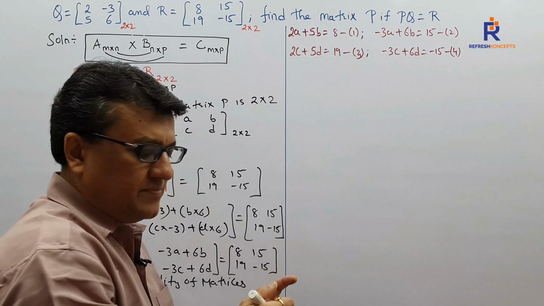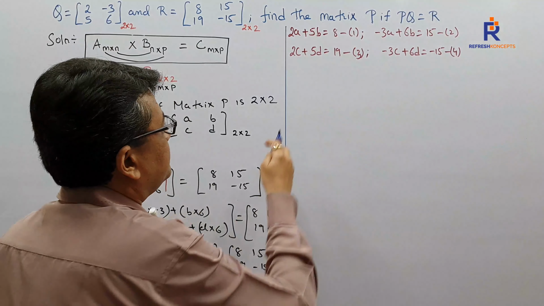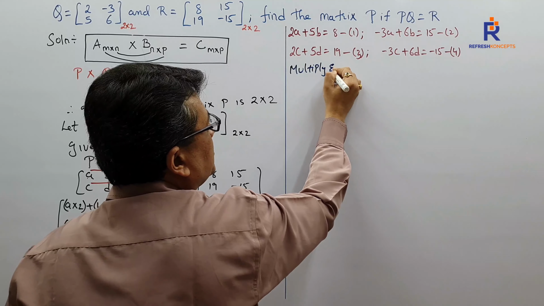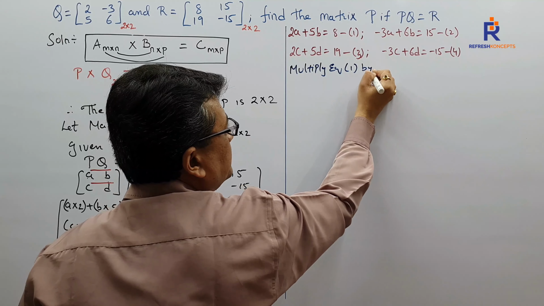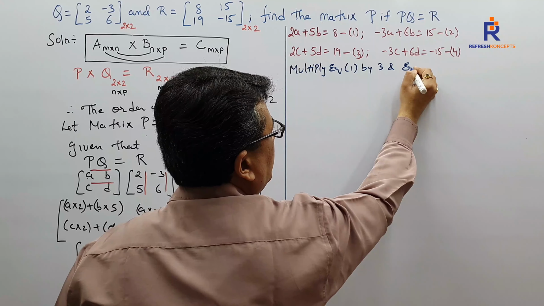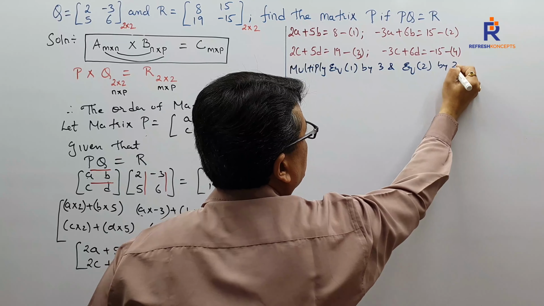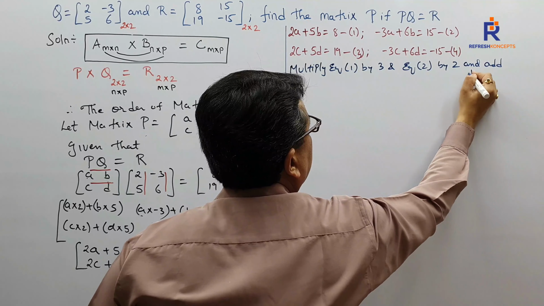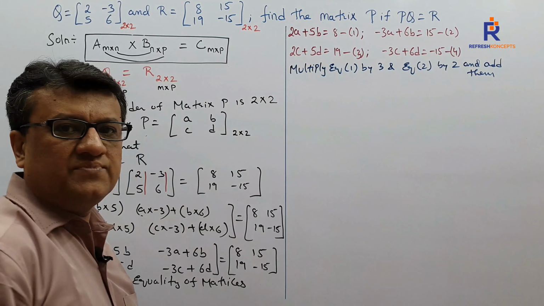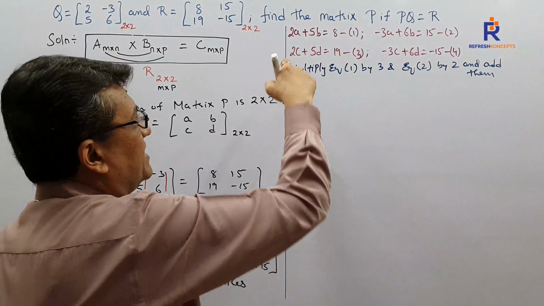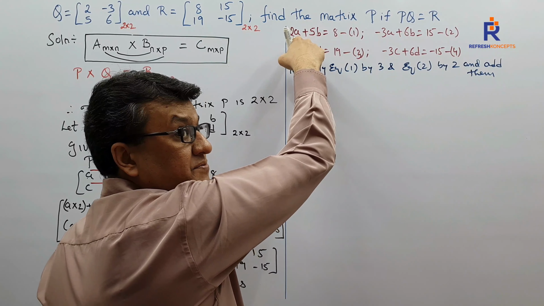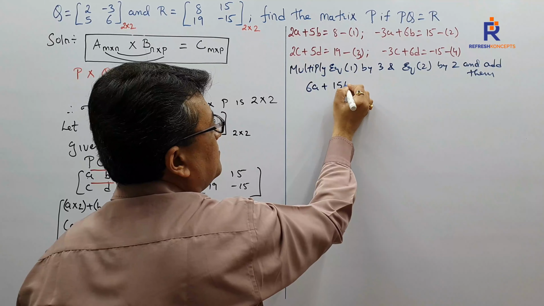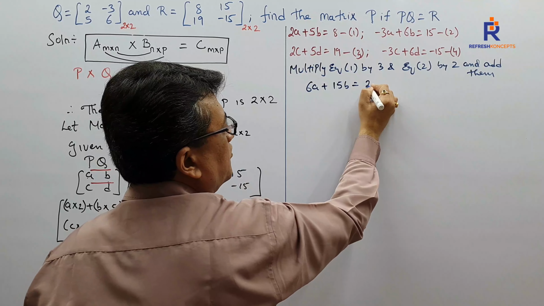Multiply equation 1 by 3 and equation 2 by 2 and add them. As I said, I'm doing it a bit directly. So when I multiply this by 3, 6A plus 15B is 24.